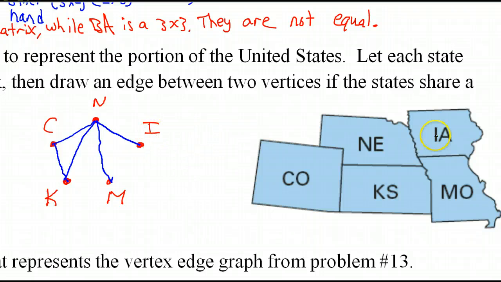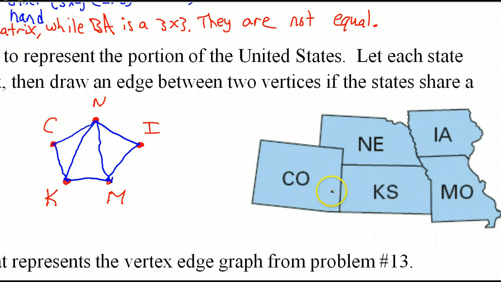Now, Iowa shares a border with Nebraska, of course, and Missouri, but that's it. So there's Nebraska, there's Missouri. Missouri shares a border with Iowa, Nebraska, and Kansas. So there's Iowa, there's Nebraska, there's Kansas.